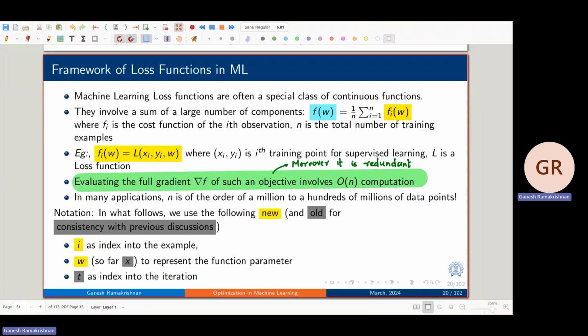So far we were doing x everywhere, but let's use machine learning parlance. Of course, one may wonder, will all the algorithms, including accelerated gradient descent, hold? Yes, all of them can. You can talk of subgradient, stochastic subgradient.